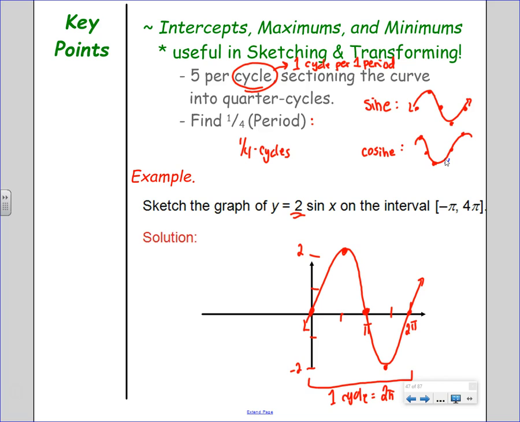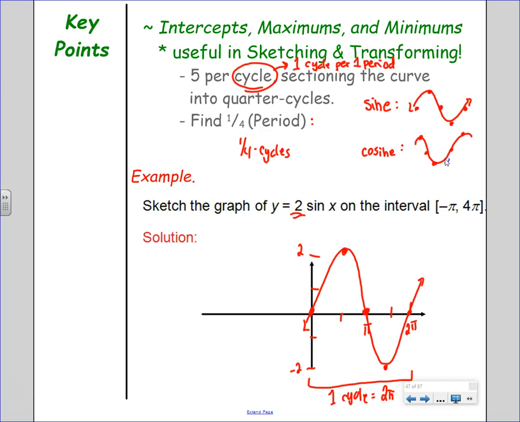Let's say that you have the parachute or a sheet. Sine starts here in the center, and then it waves up, and then down, and then back up to equilibrium.